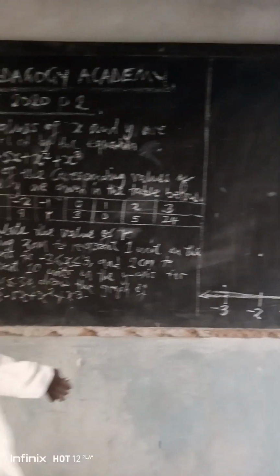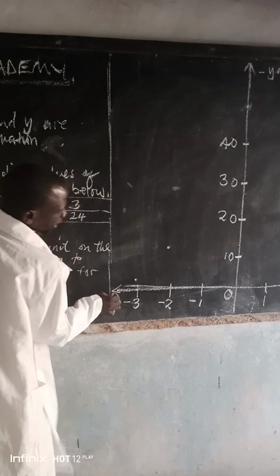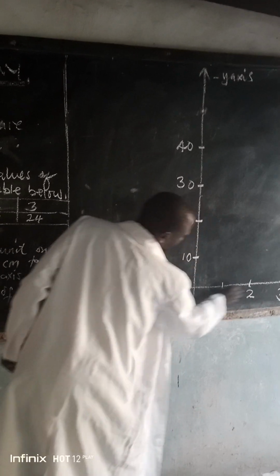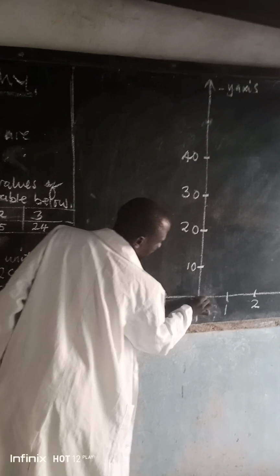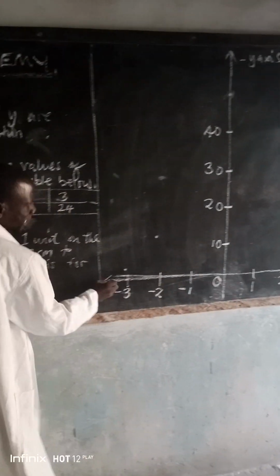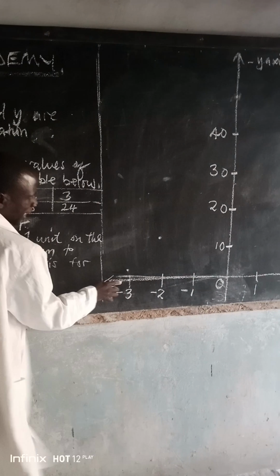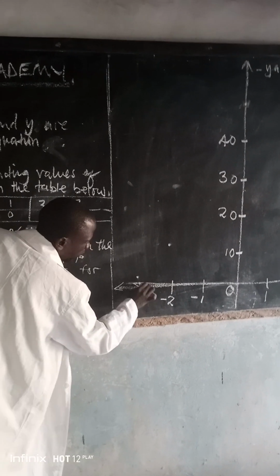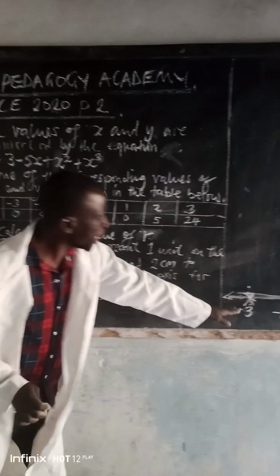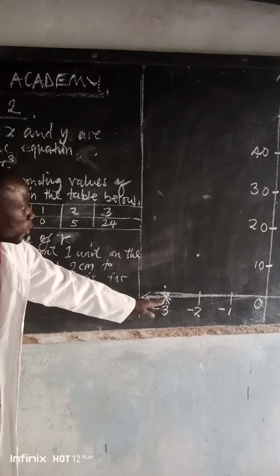And then 0 where? Because the curve is cutting the x-axis at 0, the point is along the x-axis. So it will just start from here. Here it's -3, 0.